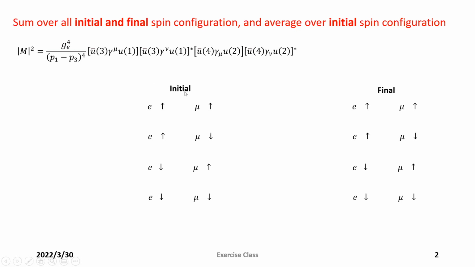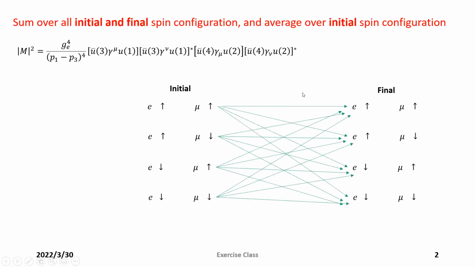In the initial state, we can have 4 spin configurations. And similarly, in the final state, we can also have 4 spin configurations. And so in total, we can have 16 combinations.